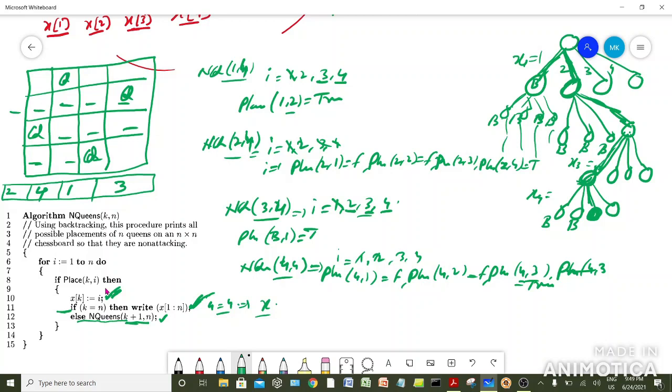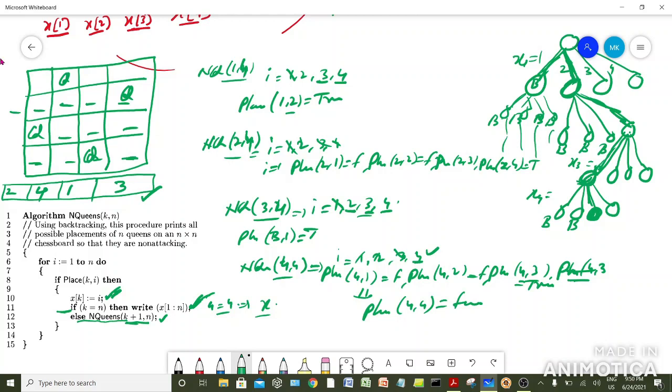Values which were on the stack now will be executed, because we were at the third column, we were able to place the queen in the third column, the fourth is still pending. So again we will just move on after printing the one solution here. This will be printed and we will move on. We will try placing 4 and 4. It resulted in false because we were not able to place the queen here. So it will not print the solution, it will not place the queen here.